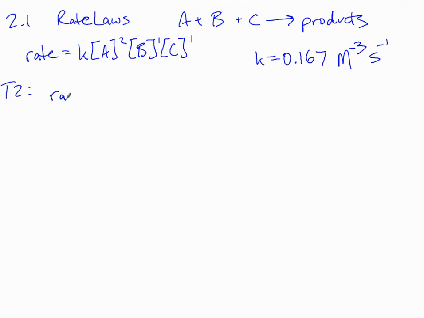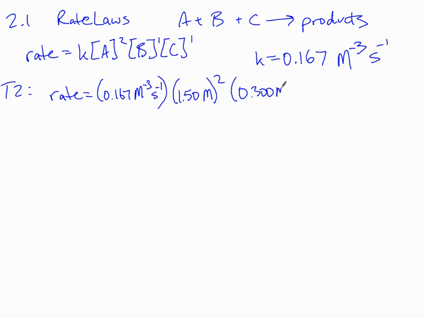So rate equals 0.167 molar to the negative third seconds to the minus 1. Concentration of A, I have 1.50 molar. B is 0.300.